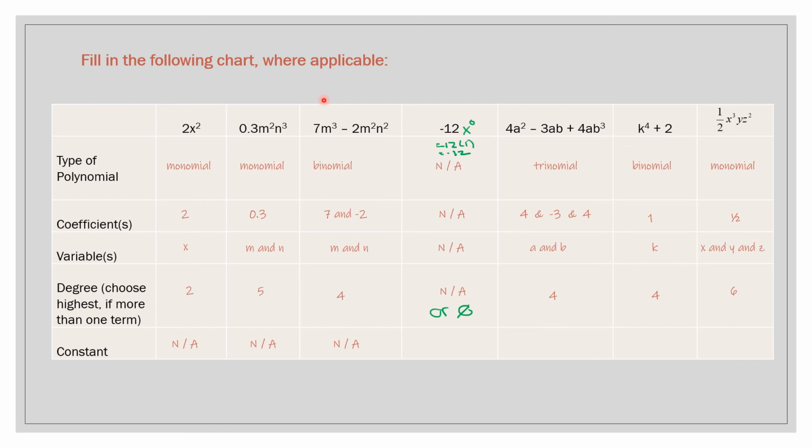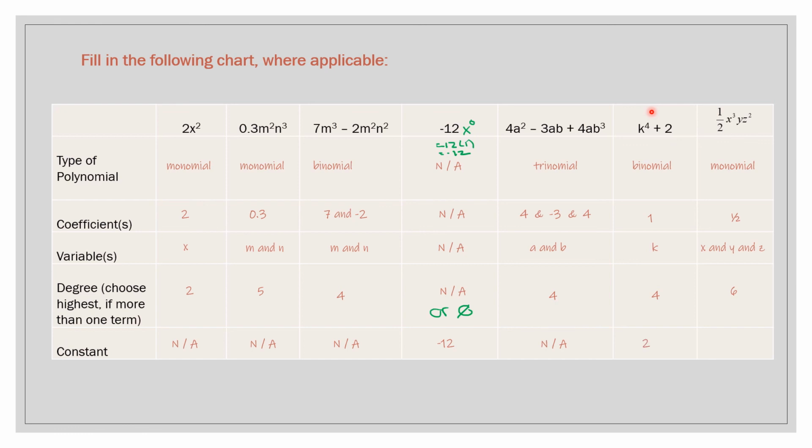And finally, in our row under the -12, we can put something other than NA. -12 is a constant. The trinomial, is there a constant in that trinomial? Is there any number that is a simple number with no letters attached? No. How about the second last one, k to the power 4 minus 2? Does this one have a constant?